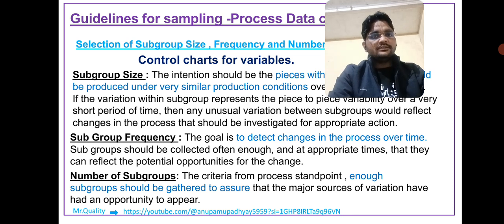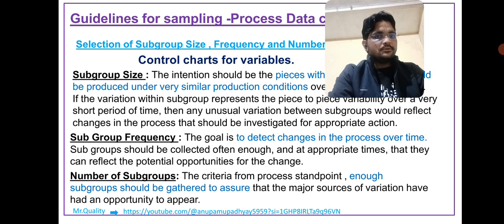This means subgroup frequency should be defined by the criticality of that characteristic, that measurement. If it is very critical, then we should increase our subgroup frequency, meaning we should take samples more and more.